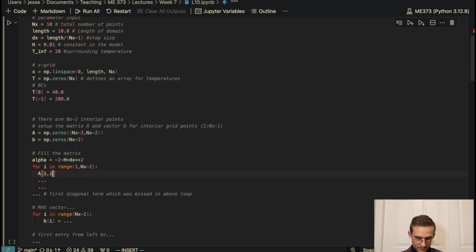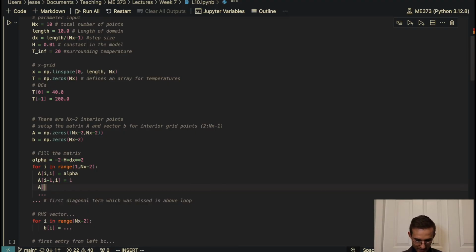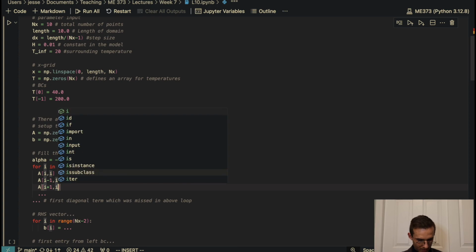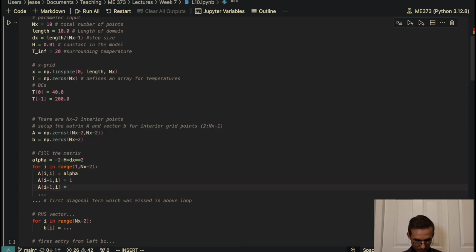So the diagonal value was alpha. Okay, and then the value to the left, or I minus 1, is just 1. And then the value on the right is I plus 1, also 1.